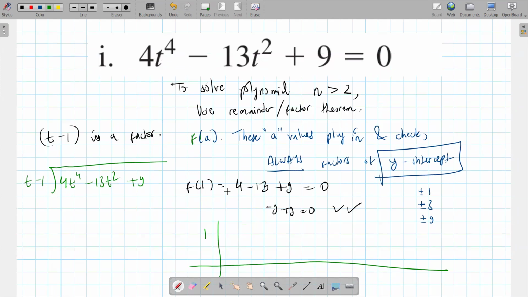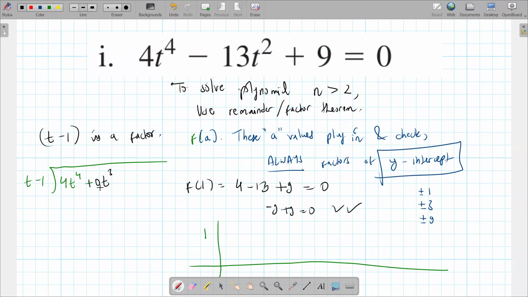So this is called polynomial long division. You have to use this method if you are using the remainder factor theorem. So notice t cubed is missing. You have to manually add a t cubed. It has to be in descending order. So I'm going to write this as plus 0t cubed. You'll see why.